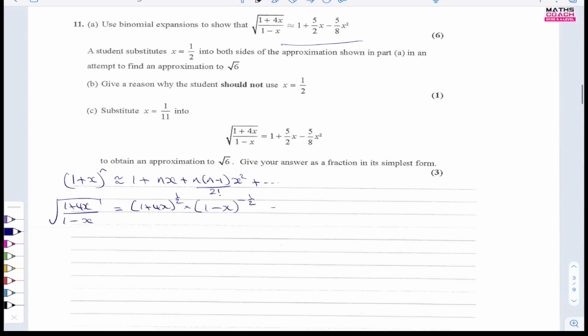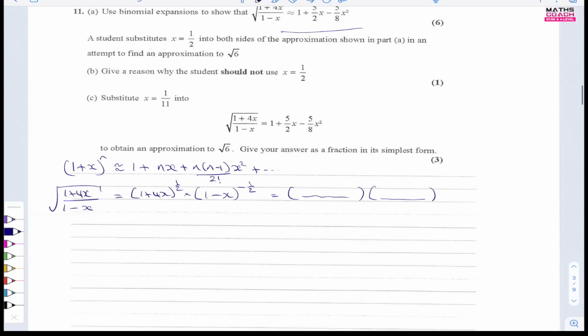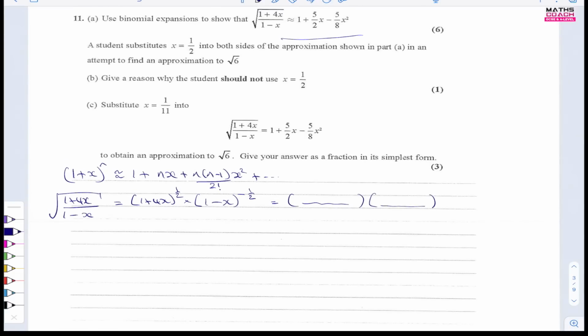So these two themselves will expand into two more brackets using the binomial expansion, and the final two brackets need to expand together and give me 1 plus 5 over 2x minus 5 over 8x squared. That's what we need to show. Right, it's a show question, so we need to show how we get to this expression here.